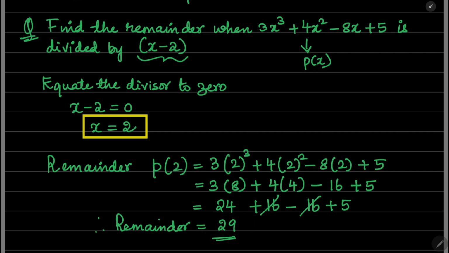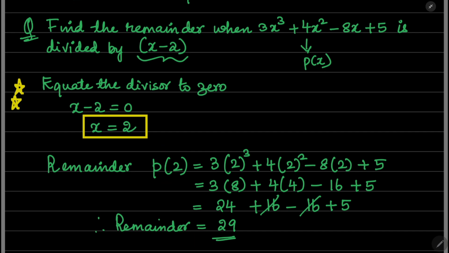So whenever you have to find a remainder when p of x is divided by some term x minus a, the very first thing is to equate the divisor to 0. This is the most important step. Equate the divisor to 0 and find the variable value, and then the remainder will be equal to p of that variable value. So this will give you the remainder.